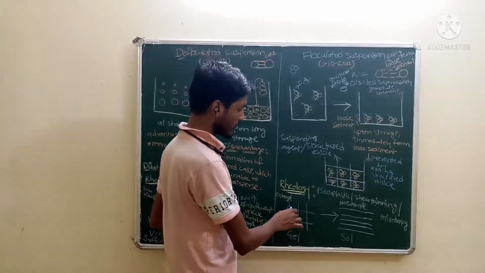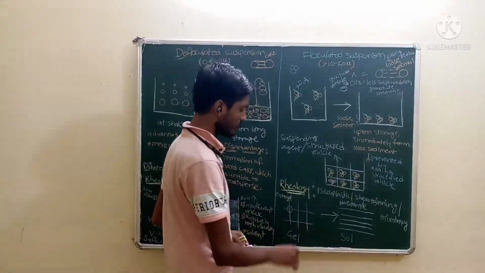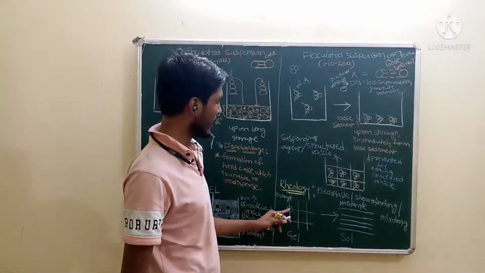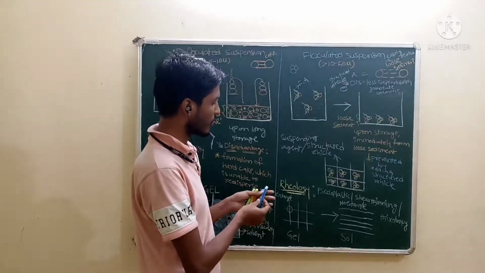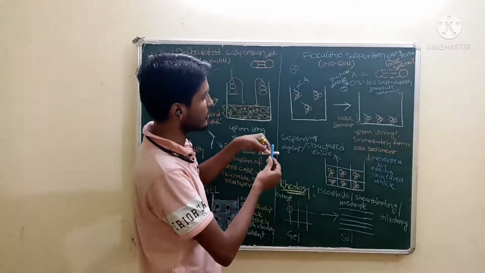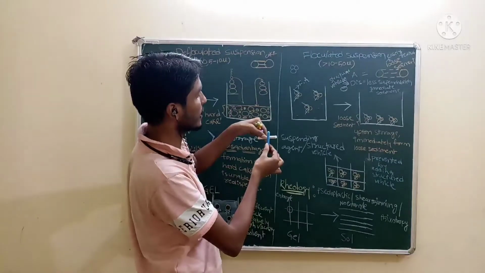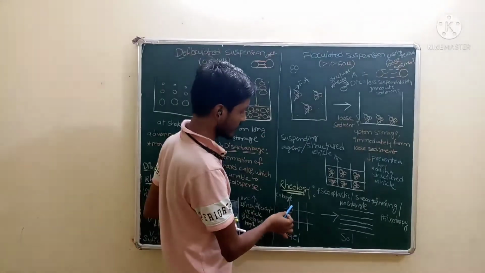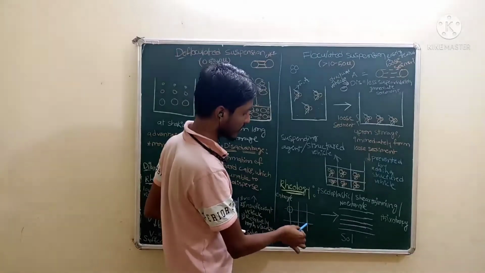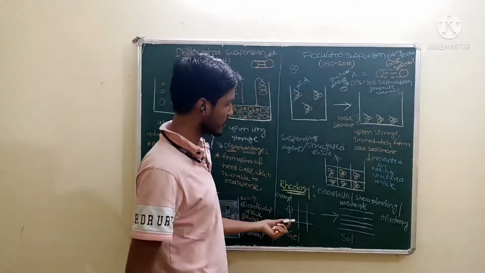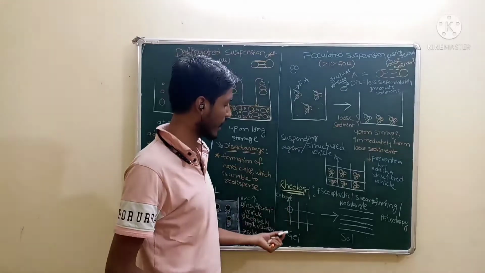Gel form is due to the presence of entanglements between the polymers. This attachment between the polymers we can call an entangle. Due to the presence of the entangles, the polymers act as a gel.